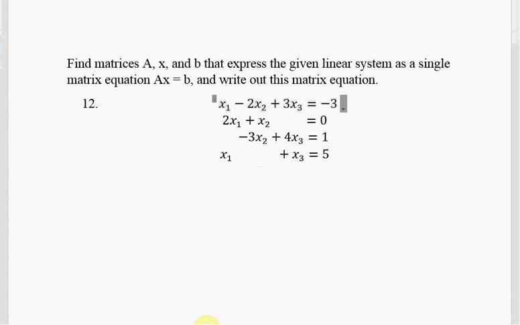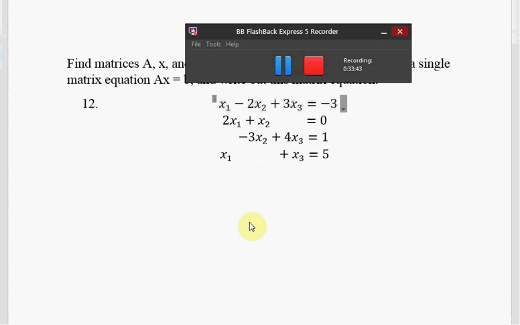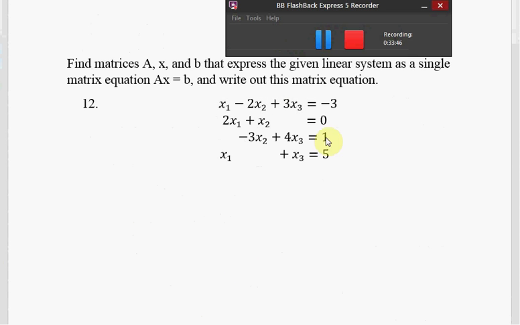Write out the coefficient matrix A by itself, write out the matrix X by itself, and then equal to, write out the column matrix B by itself. Do you see what they're saying? Okay, just do that. It shouldn't take more than about 10 seconds.